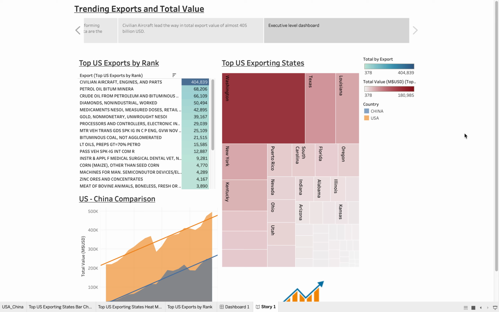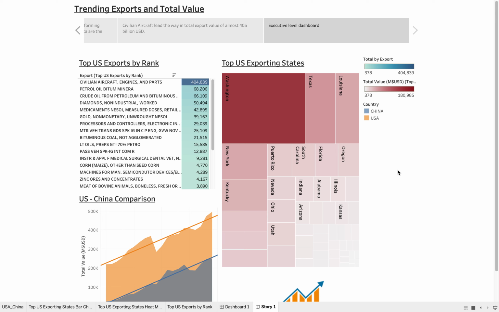From there, I would anticipate that there would be some further work from my team as data analysts, and we would have to dig into maybe some additional metrics that they would like to see. The dashboard is interactive. We have the capability of moving over each individual state that they would like to see, present that value to them in real time, as well as look at the top export or a particular date range for USA in comparison to China.